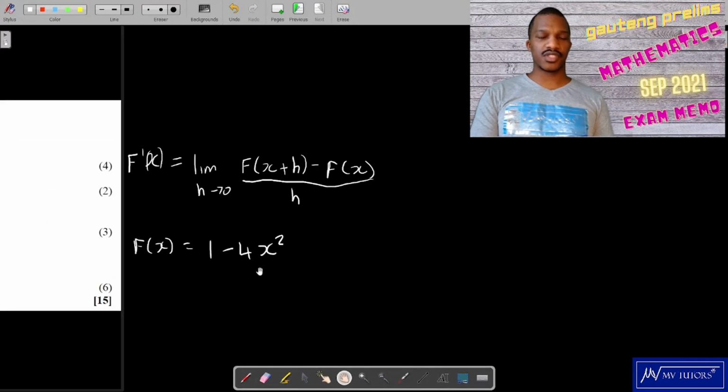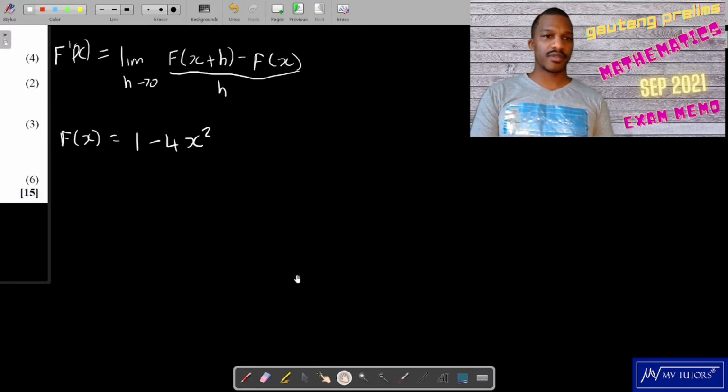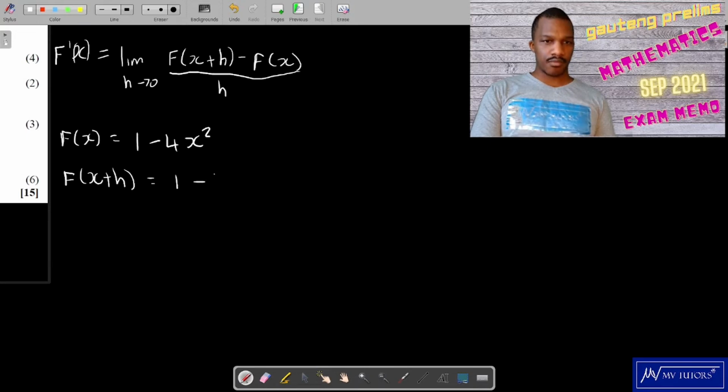So let's just work with this, being given much more space. What this means is that f of x plus h is going to be equal to 1 minus 4, and when we have an x, we'll put x plus h. We'll square that, and then we'll work it out.